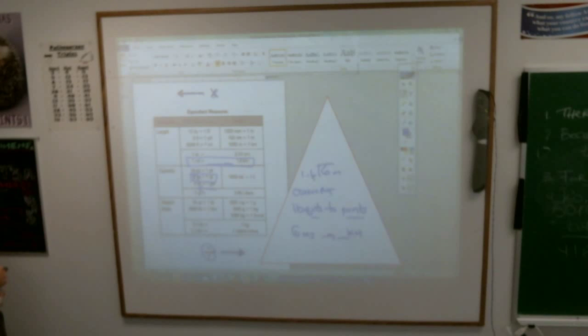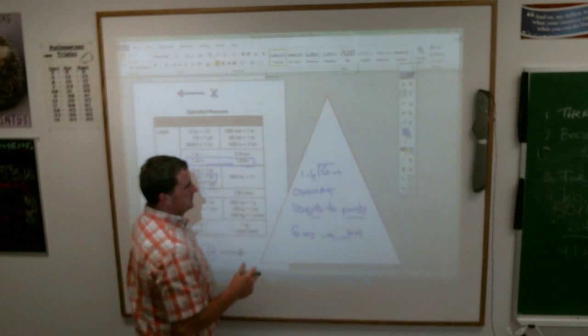would give you what? Now, does that make sense to you? I'm going from miles to kilometers, so I divide by 1.6. Will I get a bigger number or a smaller number?